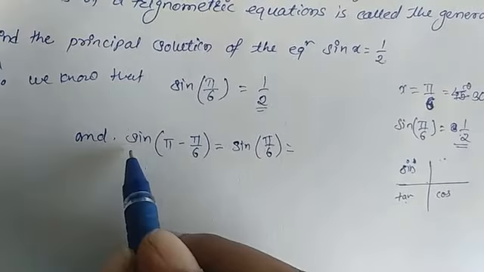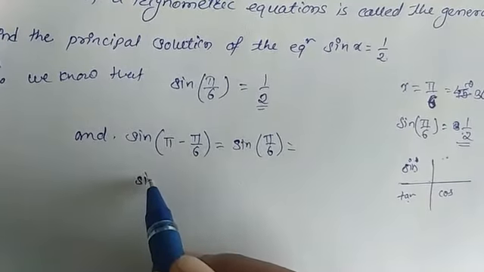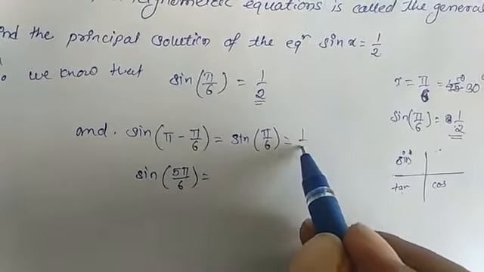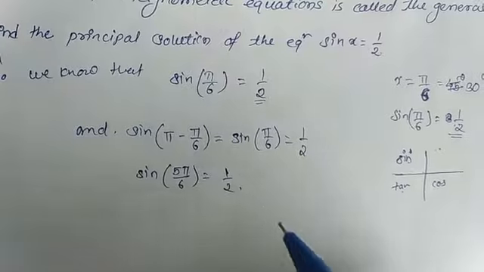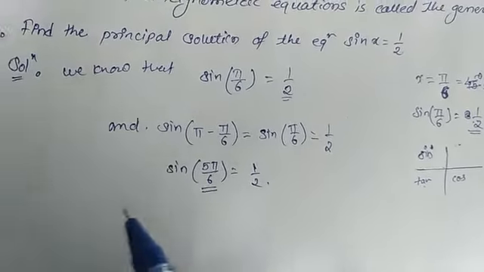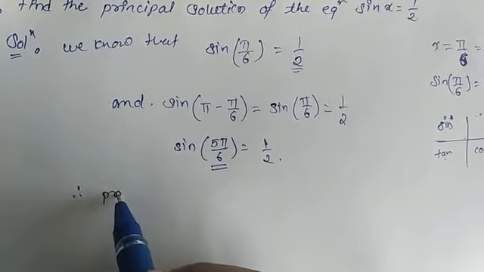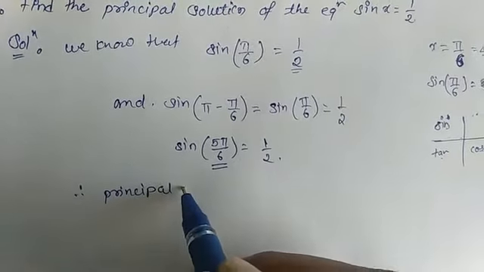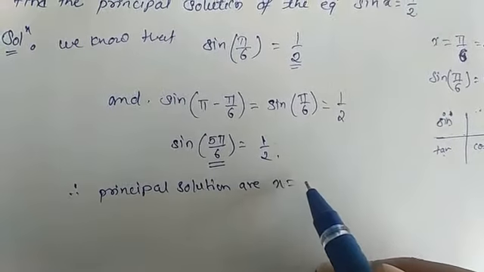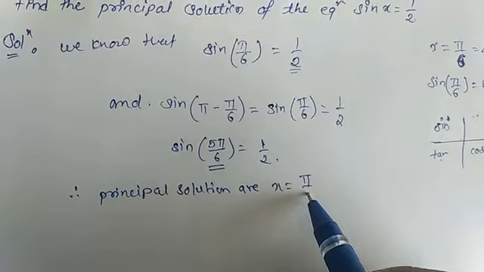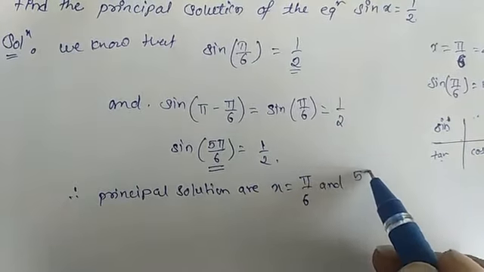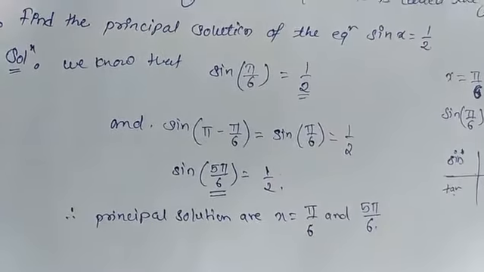Which means sin(π − π/6), that is sin(5π/6), is equal to 1/2, which is less than 2π. Therefore you can say that the principal solutions are x = π/6 and 5π/6, which is our required solution.